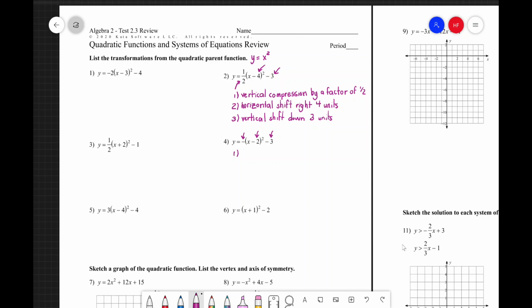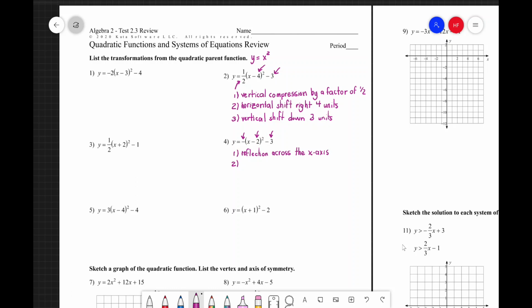So with that first one, we have the minus sign, and a minus in the front is going to be a reflection across the x-axis. Then the second change that I see is that -2 on the inside.